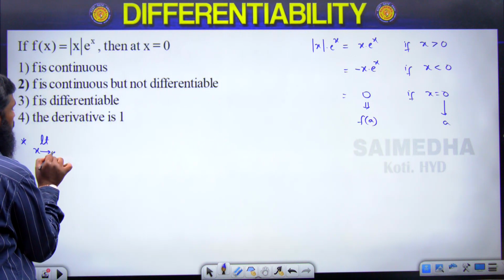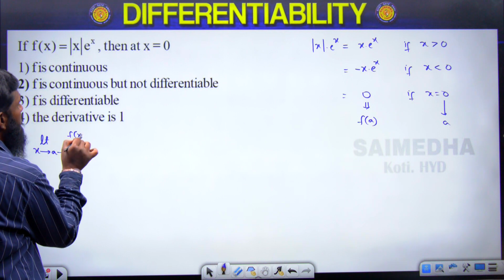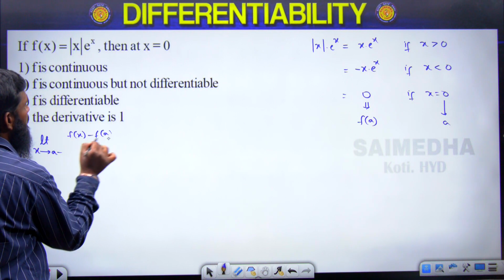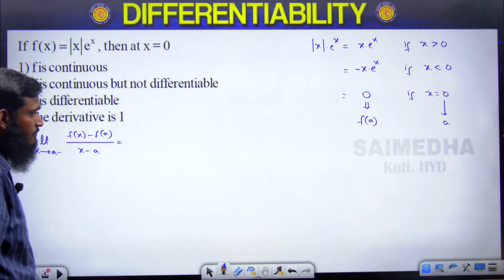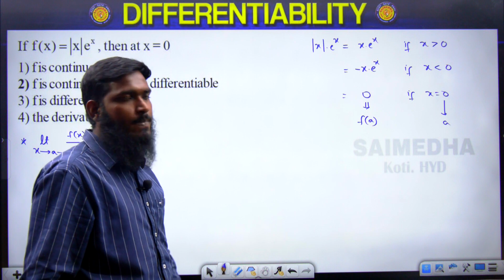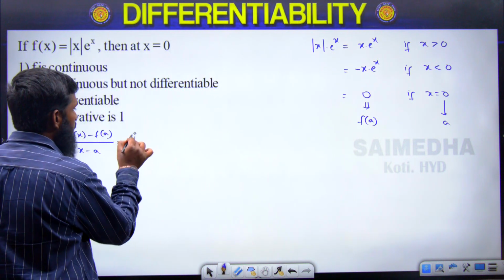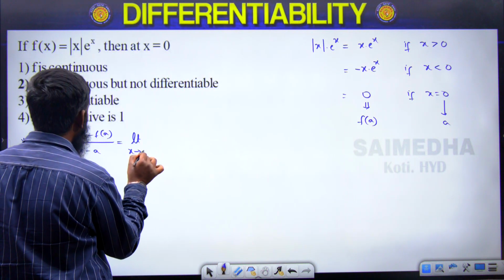Limit x tends to a minus, f of x minus f of a divided by x minus a, is equal to... Now let us substitute the values over here. Limit x tends to 0 minus.